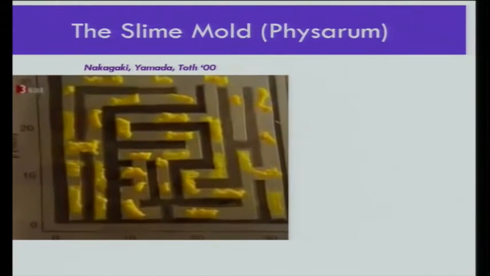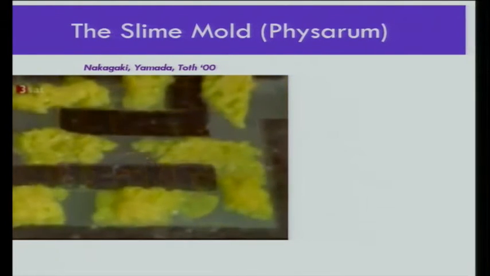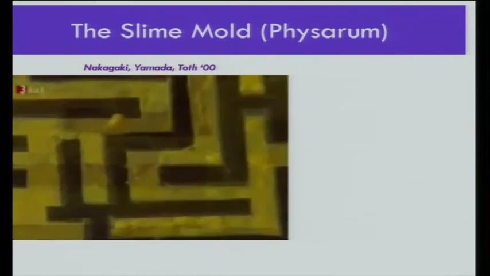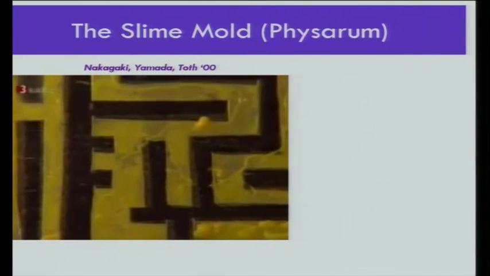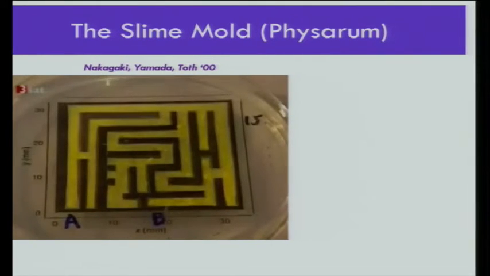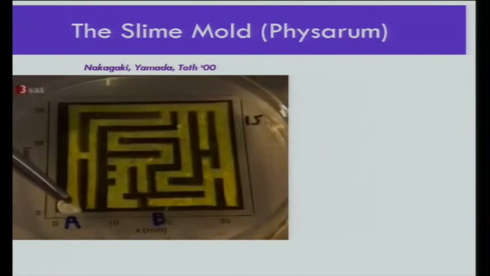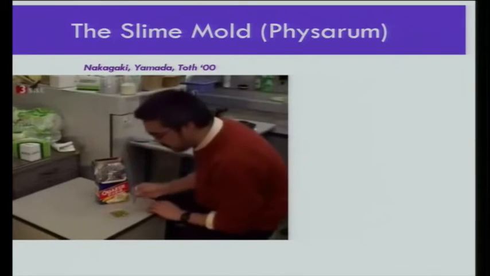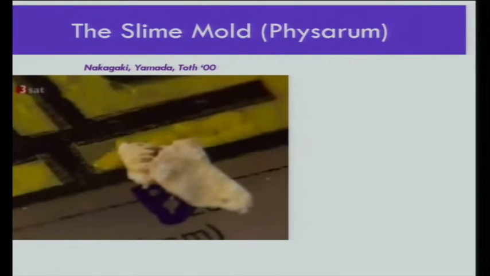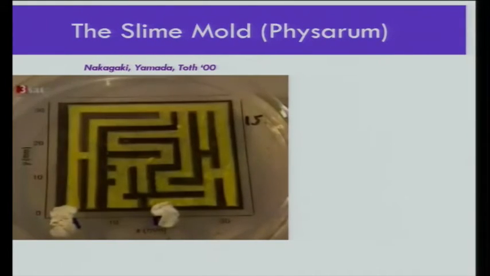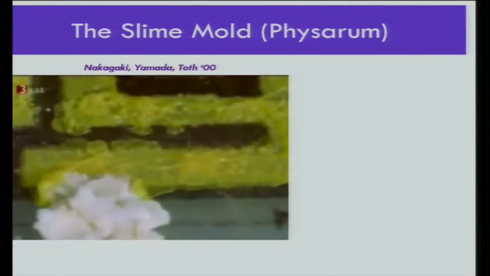So this is a slime mold which when initially laid out on the maze uniformly first tries to connect itself, occupying the whole maze, and then as you see at 2 points A and B, certain food is supplied, and once the slime mold senses the food source, it starts to eat the food and starts reorganizing its body on the maze.